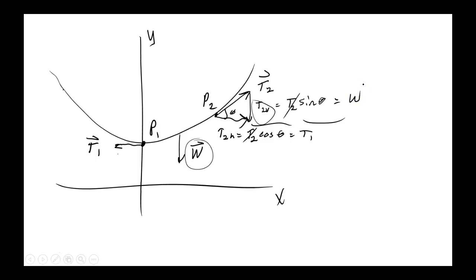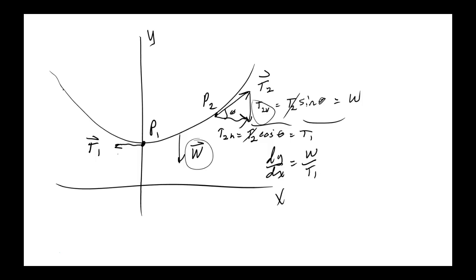Okay. And if you did the ratio of those two, here you get the tangent, which is your first derivative, dy/dx, and that's equal to W over T1, and that's where they get that formula there.